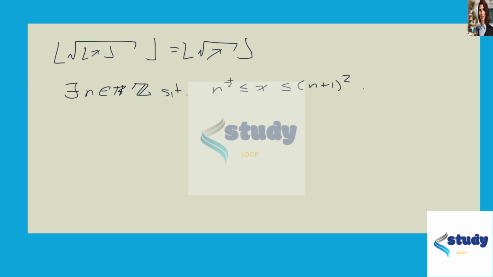So first up, we have n is less than or equal to square root of x, less than n plus 1, just squaring everything. Oh, no, not less than, this is going to be strictly less than. So clearly, n is going to be equal to the floor of square root of x.